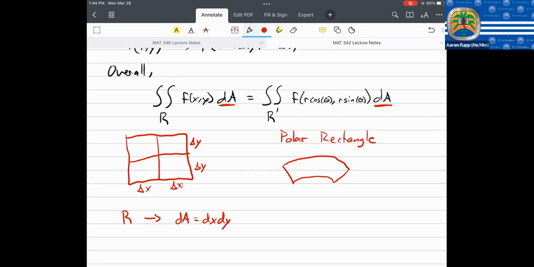Polar rectangles actually have a curve to them, and we're putting them on an XY plane. Because with rectangles, we think of a fixed value in one variable and a fixed value in the other variable, right? Fixed x value, fixed y value. And now I'm dealing in polar coordinates, which means I have to have a fixed r value and a fixed theta value.